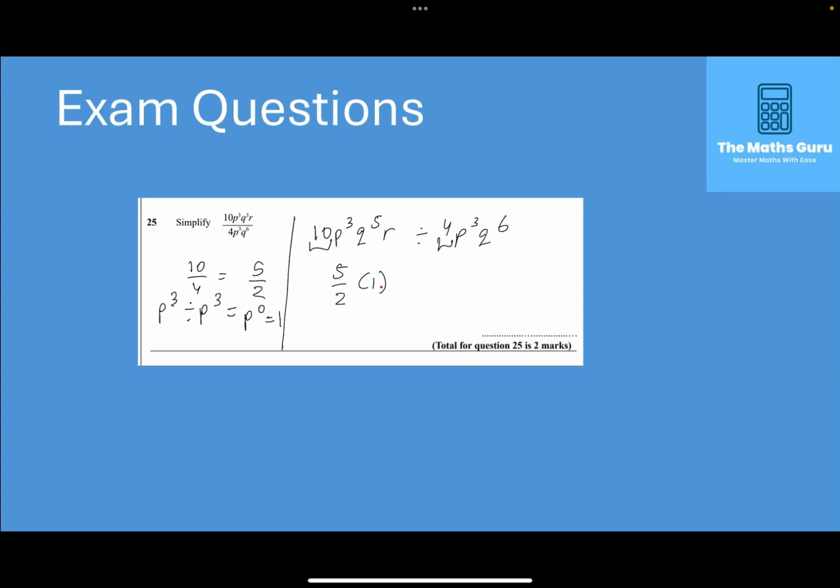So then we have q to the 5 divided by q to the 6, which is equal to q to the negative 1. Put that there. And then r, and there's no r to divide with on that side, so r is just like that. And we get 5 over 2 r q to the negative 1.